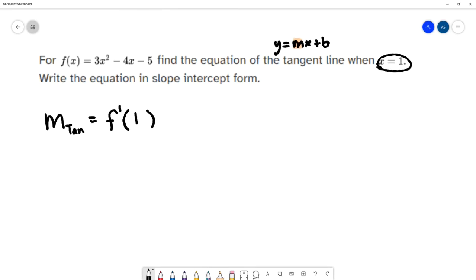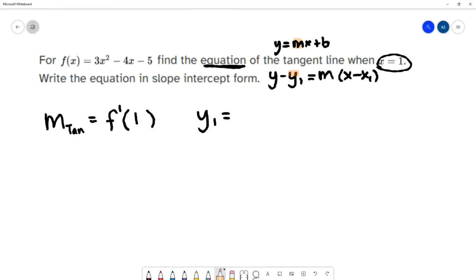But we're also going to need a point on that line in order to get the equation. So in order to get the y1 that we're going to use in our point slope form, so point slope form is y minus y1 equals m times x minus x1.